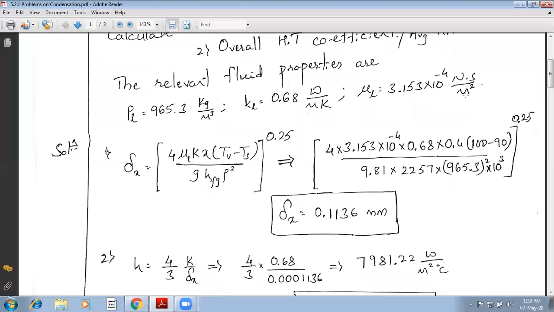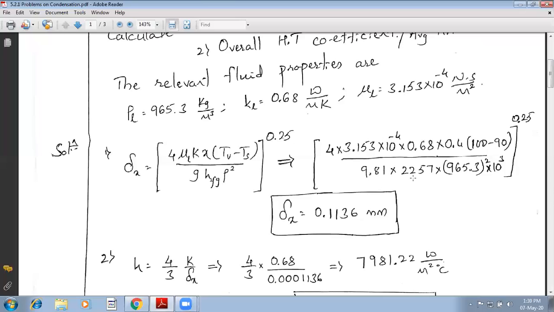He has given the saturated temperature as 100 degrees Celsius and the surface temperature as 90 degrees Celsius, upon 9.81, which is the g value.